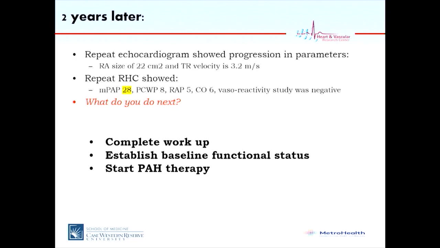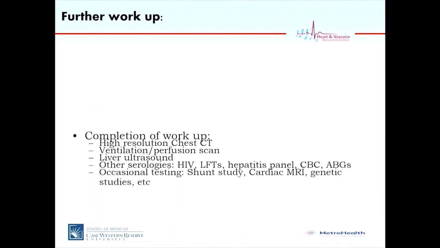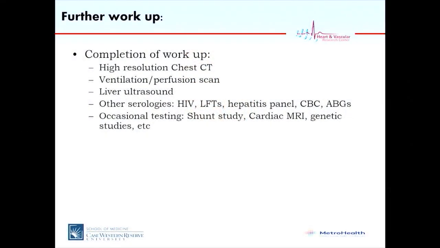So this patient gets to complete their workup, and the workup that is required for every patient is first to rule out other pathologies or other processes that can lead to pulmonary hypertension or overlap. Interstitial lung disease with high-resolution CT, ventilation perfusion scan to evaluate for chronic thromboembolic disease, rule out liver disease, and rule out other entities such as HIV and hematological disorders.